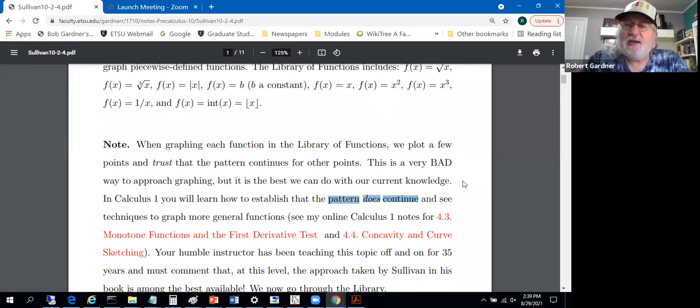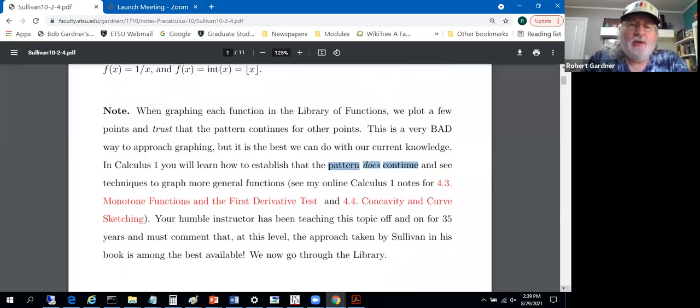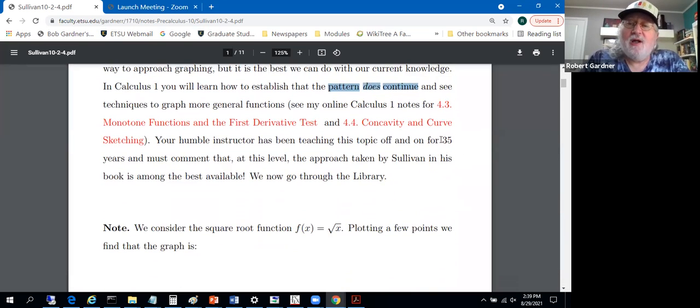So take this section with a little grain of salt. I'll tell you this, I've been doing this a long time, like 35 years plus. And the approach that Sullivan takes to graphing is a bit more sophisticated than a lot of other stuff I've seen out there. So we will accept that the graphs given are what these functions look like. In Calculus 1, you'll be able to go through and have a more theoretical reason for believing that these are accurate graphs.